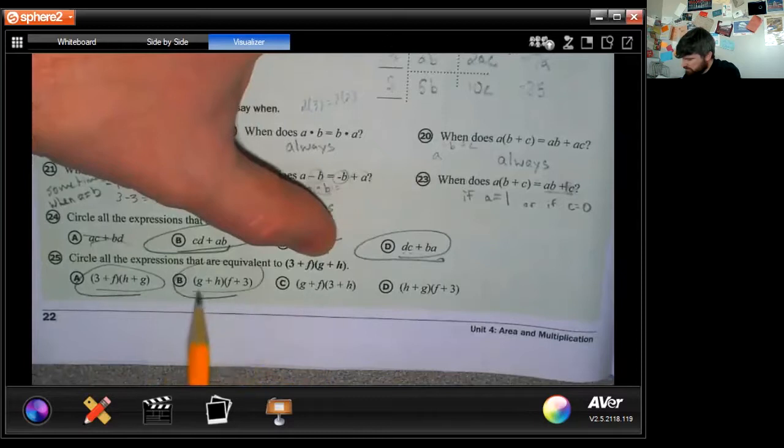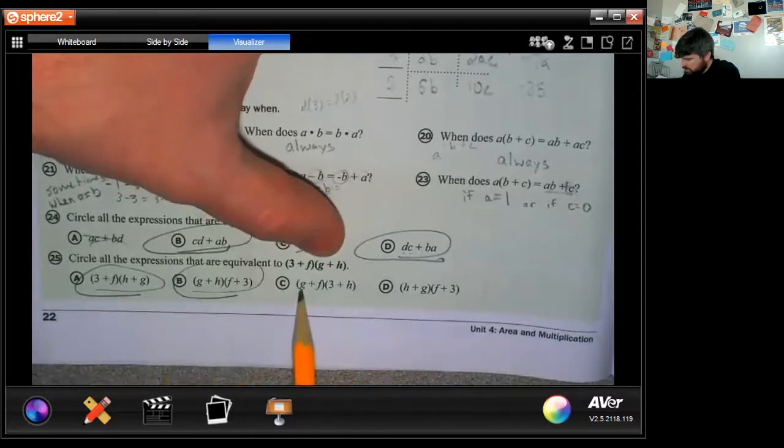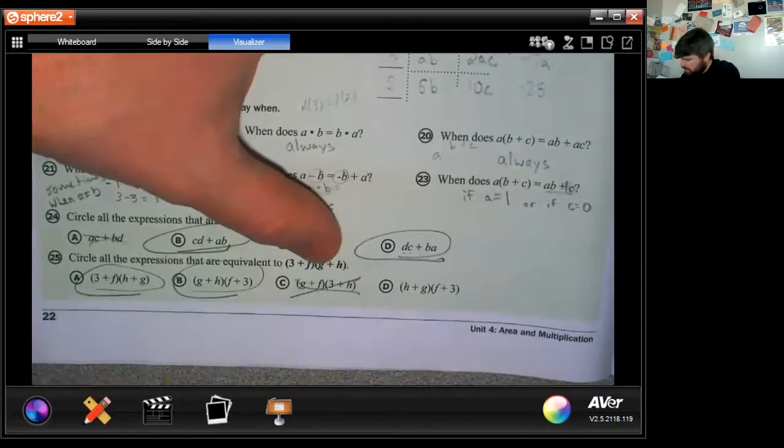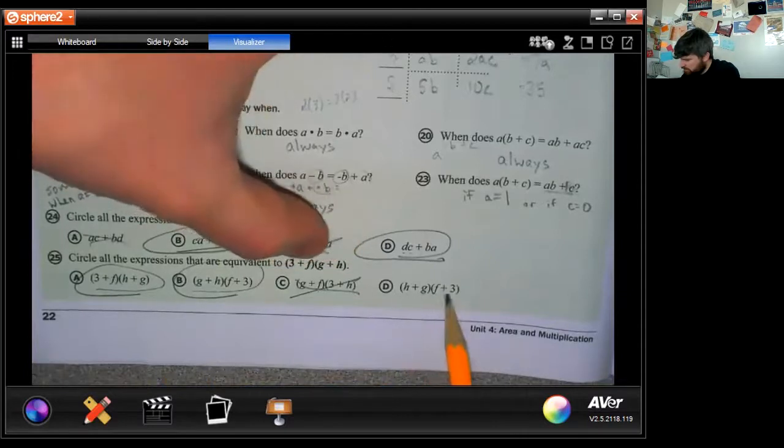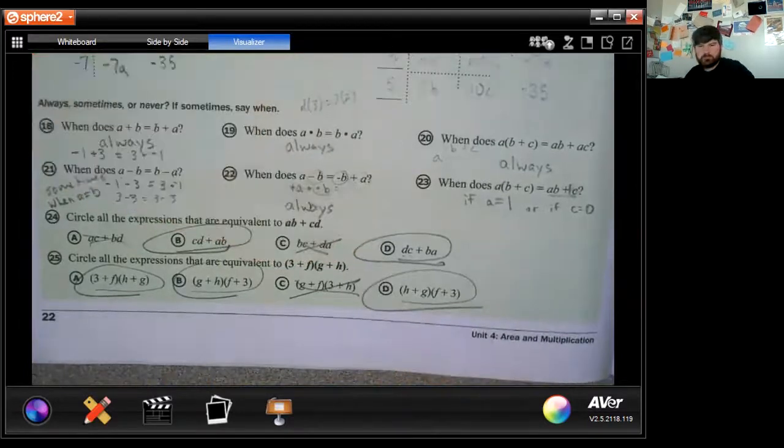They just switched the two factors. g plus f, okay, I did not do g plus f in this. h plus g, which is over here, f plus 3, yep, I did that one. Okay, so we can rearrange some of these things just a little bit and have equivalent forms of the expression.